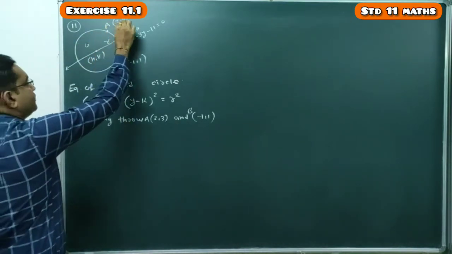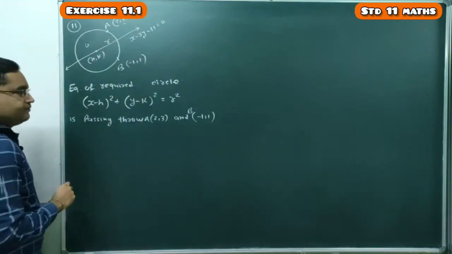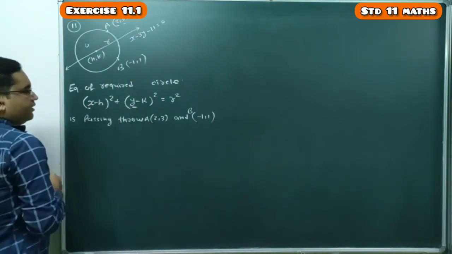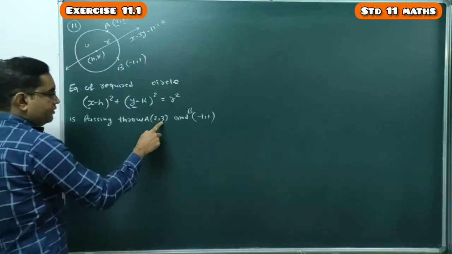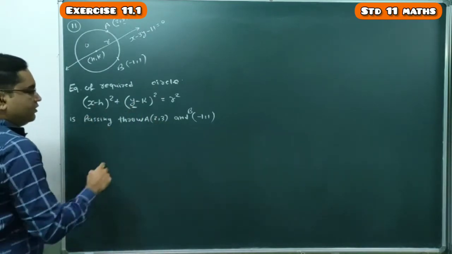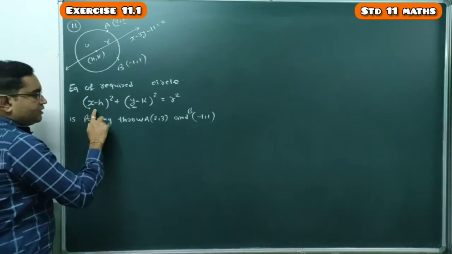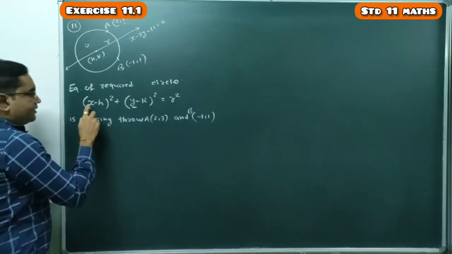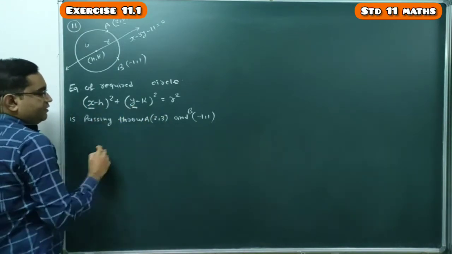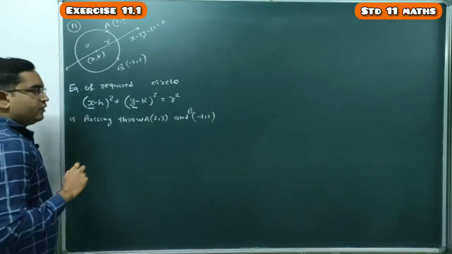So these coordinates 2 and 3 will satisfy the equation of the circle. So replace this x and this y with 2 and 3, and we'll get one equation.